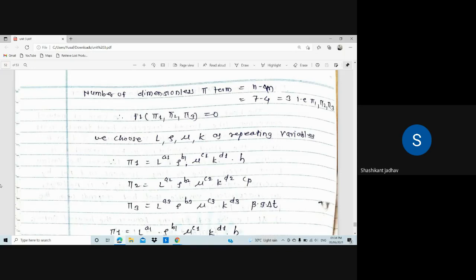How many repeating variables are there? m repeating variables, and m is 4. So we choose L, rho, mu, K as repeating variables.